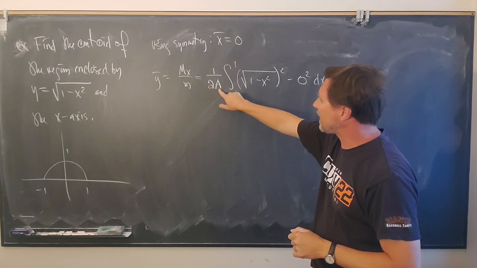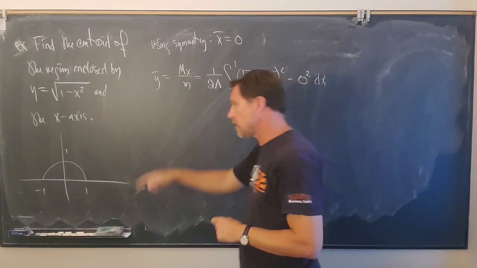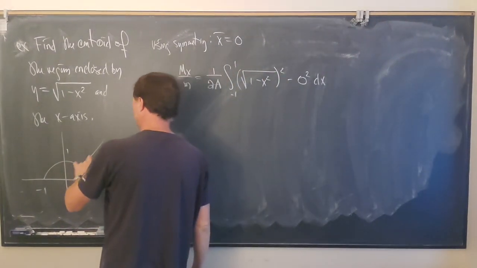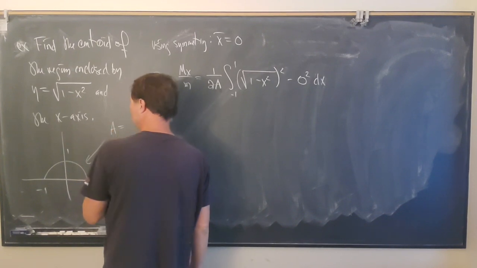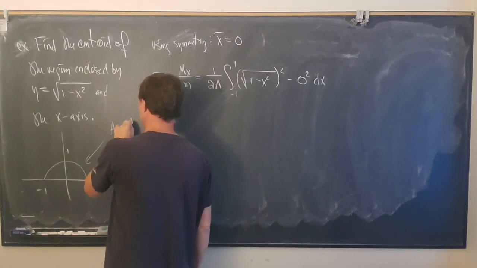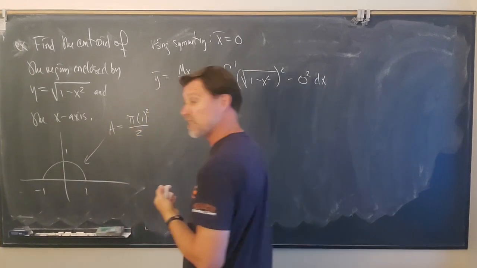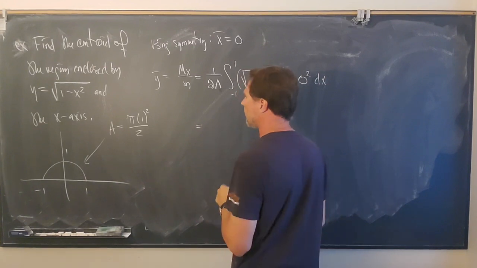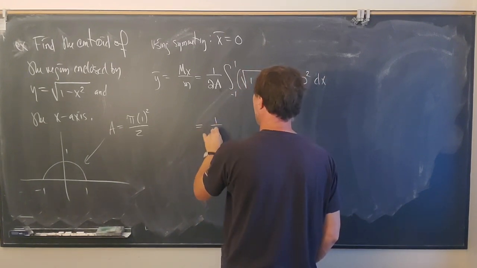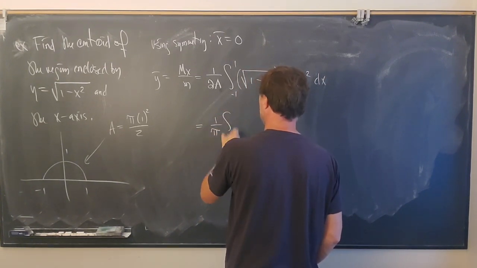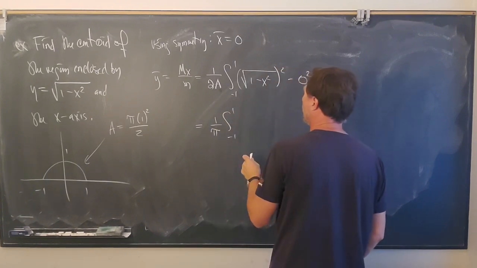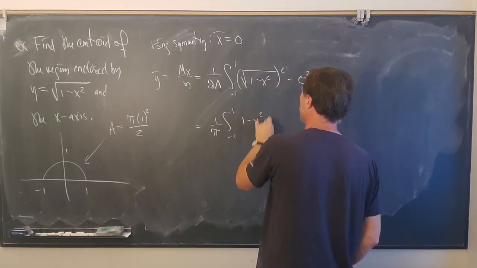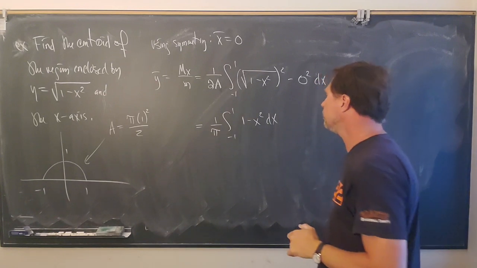And this A is the area of our region. Our region is a half circle, which has area pi times the radius squared over 2, so in this case pi over 2. So this will give us 1 over pi, integral from -1 to 1, of 1 minus x squared dx.